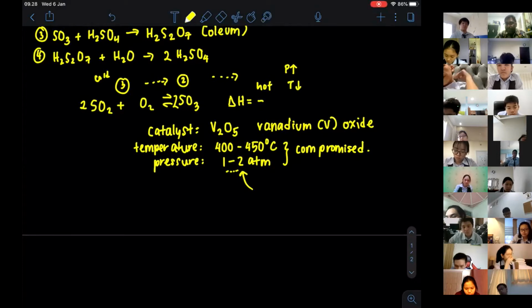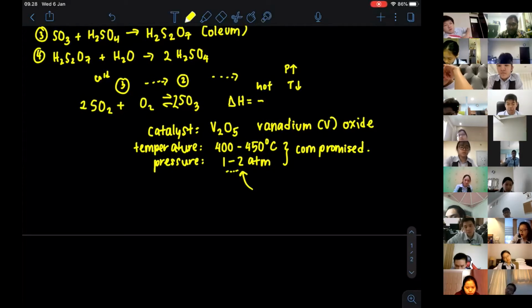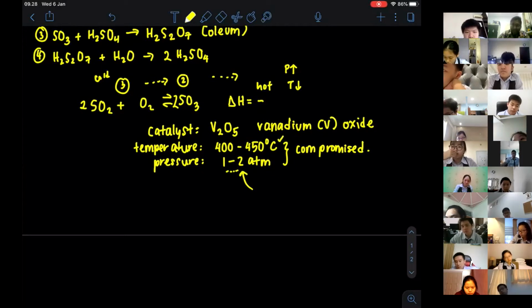If you use a lower temperature, the temperature should increase, so it moves from cold to hot. So the temperature must be low in order to produce a lot of SO3, but the temperature I use is slightly higher.